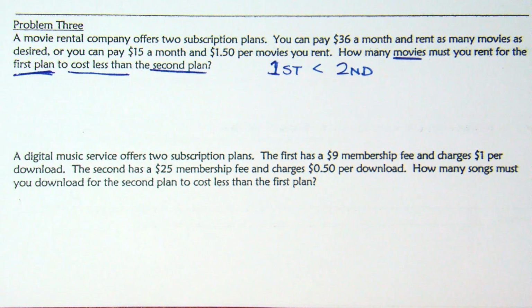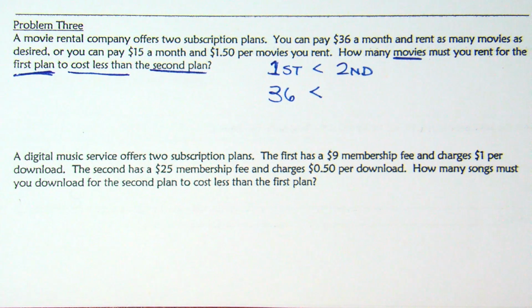How can I express the second plan? Pay $15 a month and $1.50 per movie you rent. So what's my expression there? Miles? 15 plus 1.5, okay. 15 plus 1.5, what variable did you say? X. X, okay.